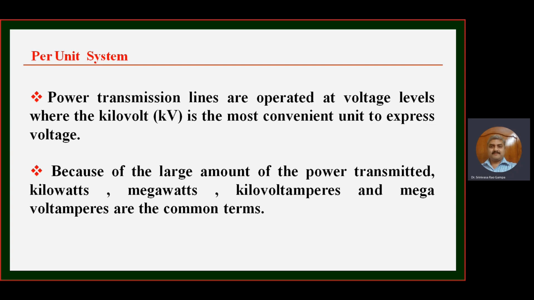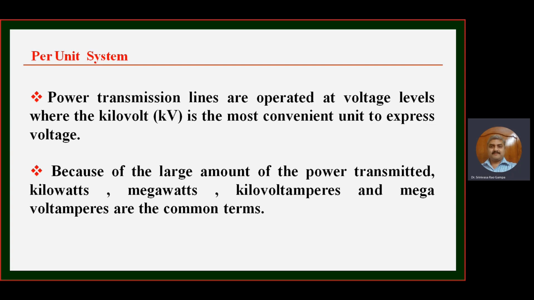Because of the large amount of power transmitted, kilowatts, megawatts, kilovolt amperes, and megavolt amperes are the common terms used. So when you do different computations of power transmission and other calculations at different levels, all these terms give very big numbers.